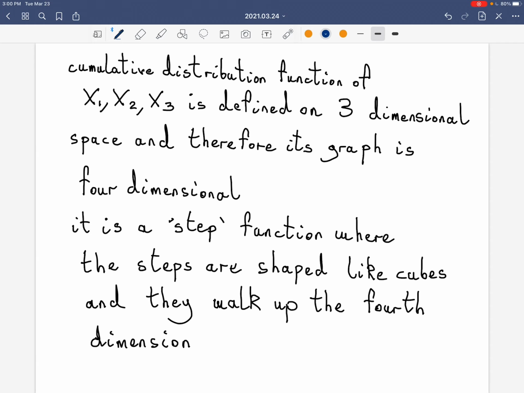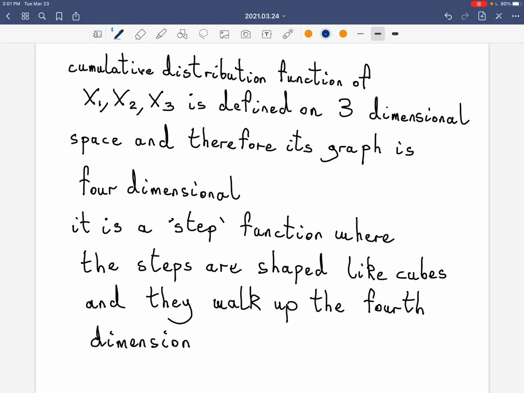And so if we boost the dimension of that, we again run into the limits of the human eye. What we would want to see is a function defined on 3-dimensional space, which would have a 4-dimensional graph. It would be a step function where the steps are shaped like cubes instead of squares, and they walk up the fourth dimension instead of increasing in height.